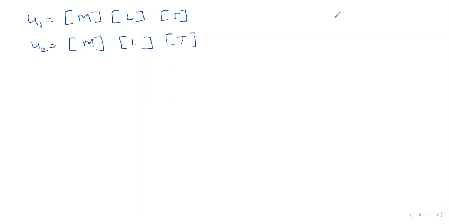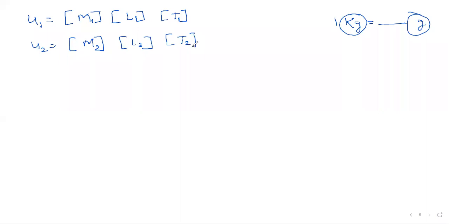Answer is no. When I ask you, 1 kilogram equal to how many grams? This is kilogram, this is gram. If this is 1, this is 2. It is given in the first unit system, and this is in the second unit system.